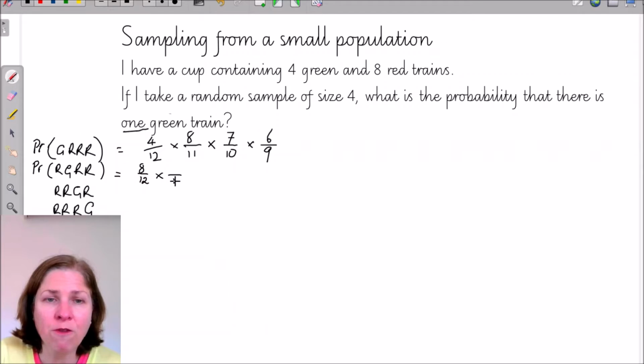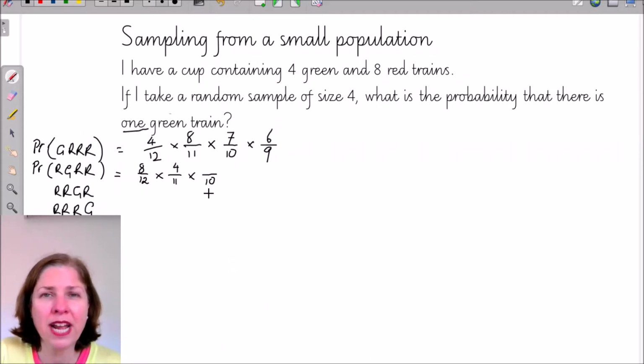There are 11 left in the cup, and 4 of them are green. My third one is going to be red. There are 10 trains left in the cup, and 7 of them are red, and the last one again is going to be 6/9.